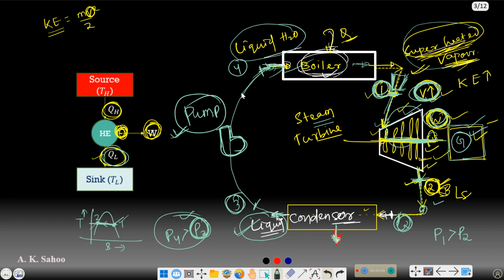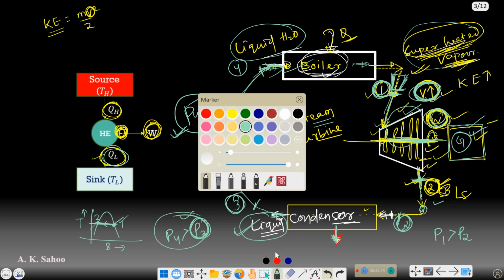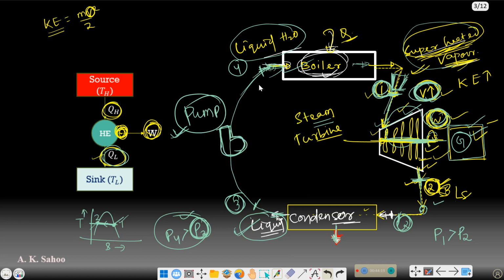Hope it is clear. This is how our liquid water will be circulating over this cycle. Here our liquid water entered and it has converted into steam. This steam has gone through the steam turbine, produced some work, and gone out of the turbine.